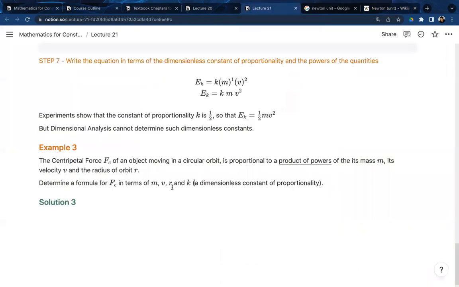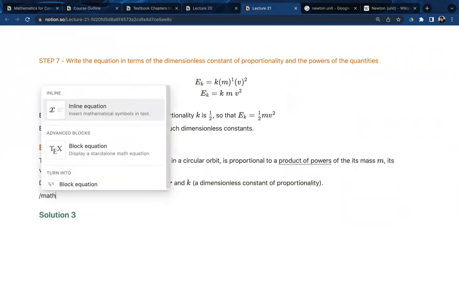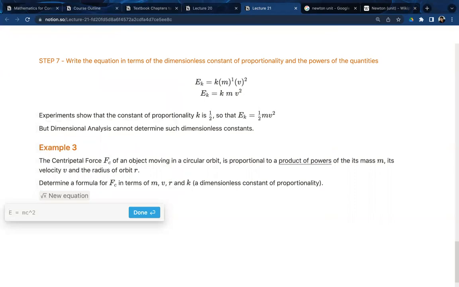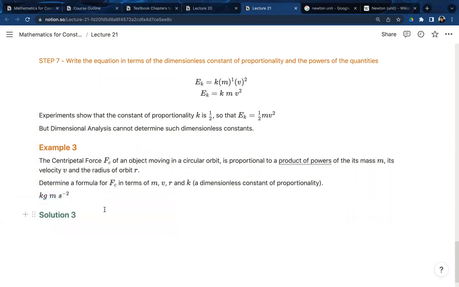So you could say that. The SI base unit for force is kilogram meter per second squared.